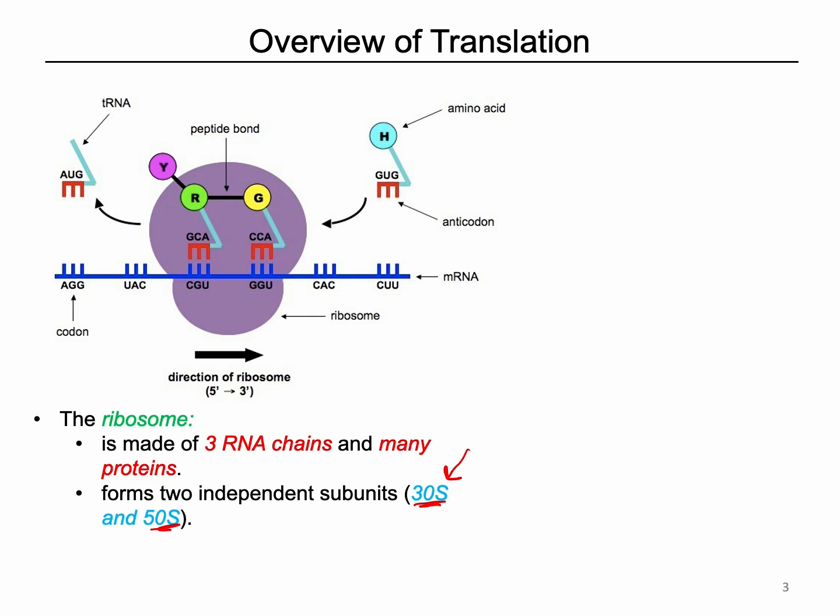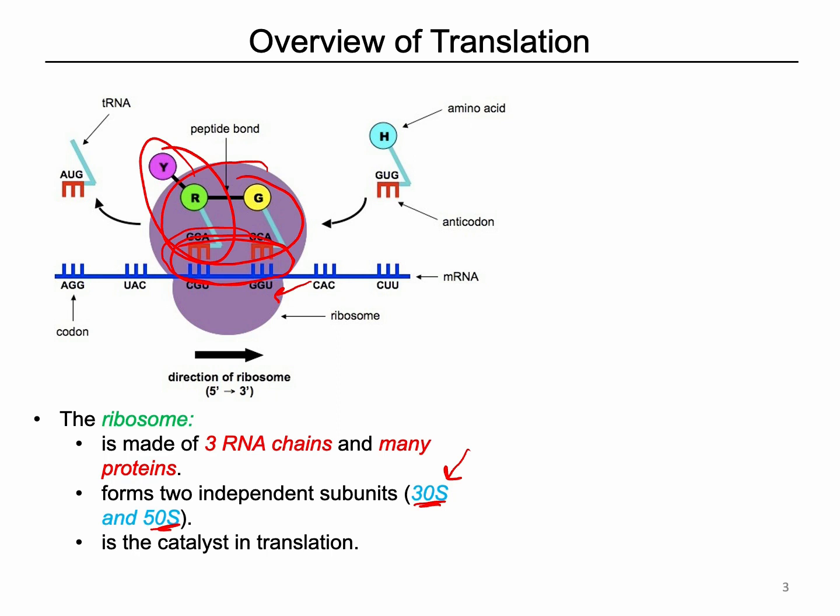The mRNA, the template, binds to the small subunit. The aminoacyl tRNAs bind to the large subunit. The growing peptide is present in the large subunit, where there's the peptide channel. And the chemistry happens at the interface.